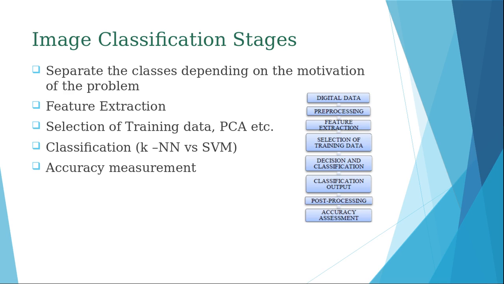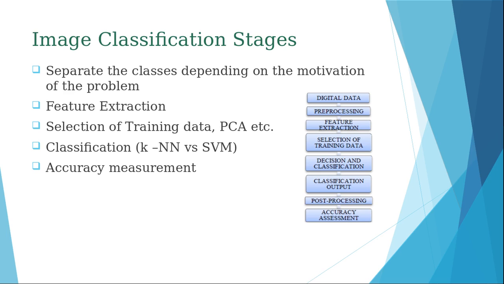The next step is a feature extraction class. The goal of this feature extraction is to find the key points of the images, such as edges, corners, blobs, etc. The next step is the selection of training data. This is one of the crucial steps in image classification because the accuracy depends on the number of training data as well as testing data.